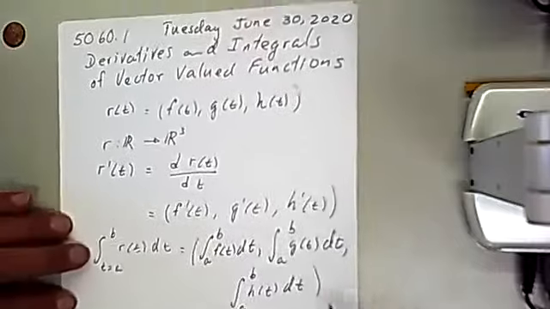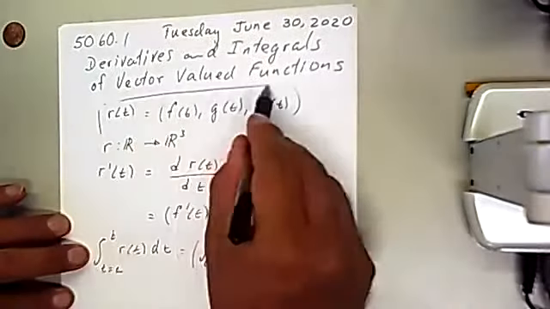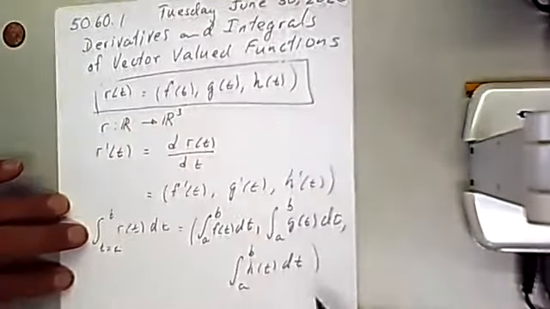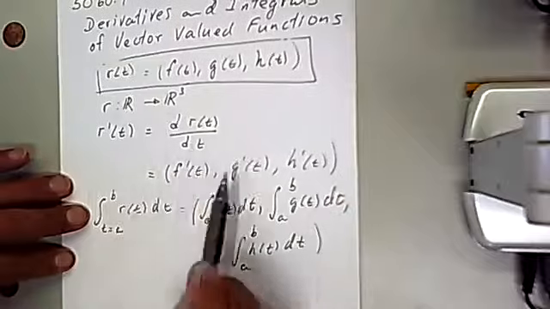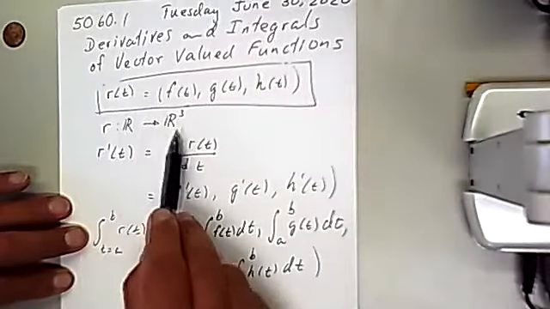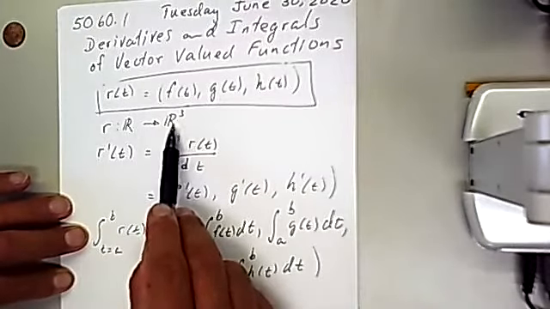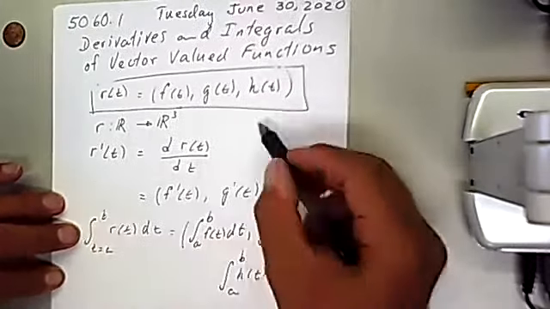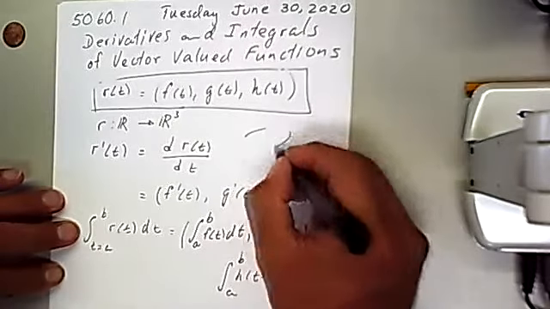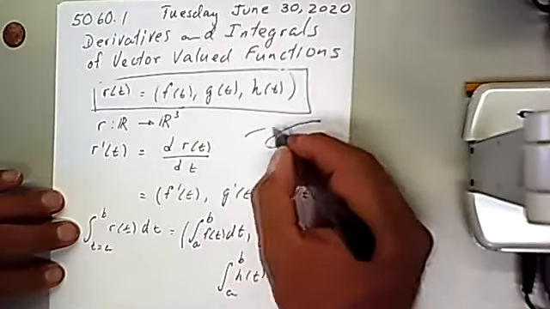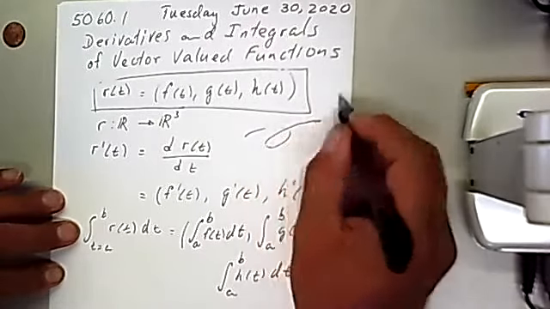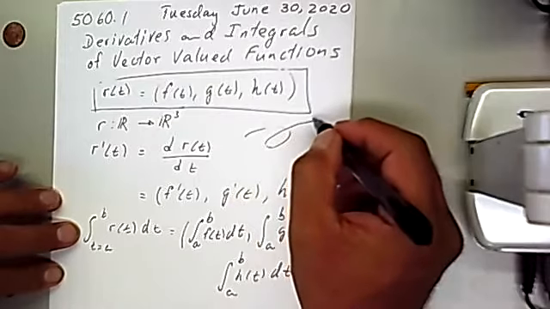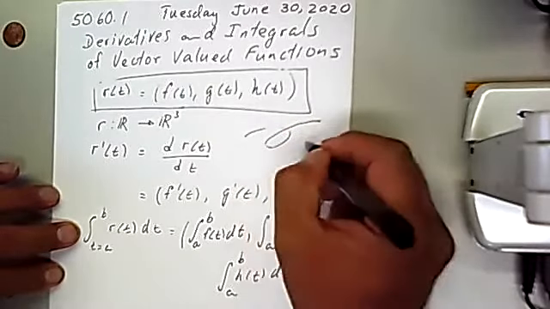Again, we're assuming we have this function that goes from one dimension to three dimensions. Think of t as the time. And so as time goes by, we are having a curve, some kind of curve with a direction and some kind of velocity. And in three dimensions, but this could be in two dimensions.